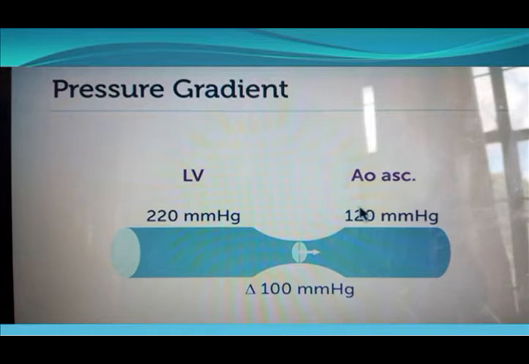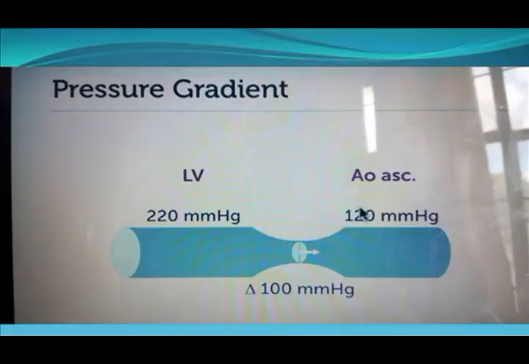Now, in a setting of aortic stenosis, the ventricle has to generate an extra pressure, because usually the pressure in the left ventricle is supposed to be 120 millimeters of mercury. So for it to generate enough pressure to overcome the obstruction, or for the cardiac output to go through the narrowed valve, it has to generate another, a pressure gradient of 100 millimeters of mercury.